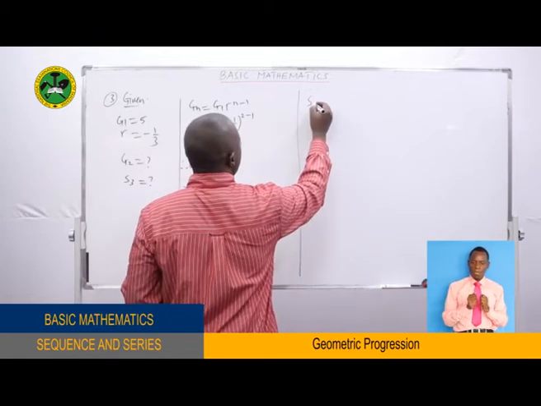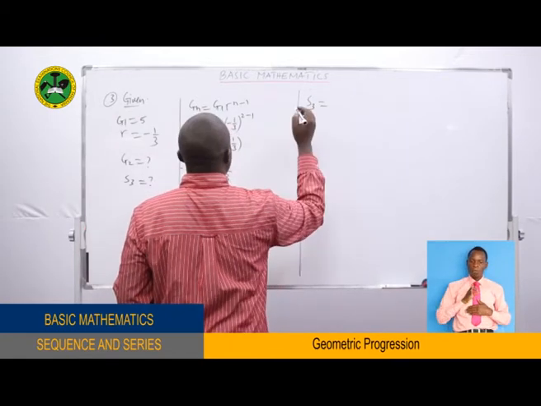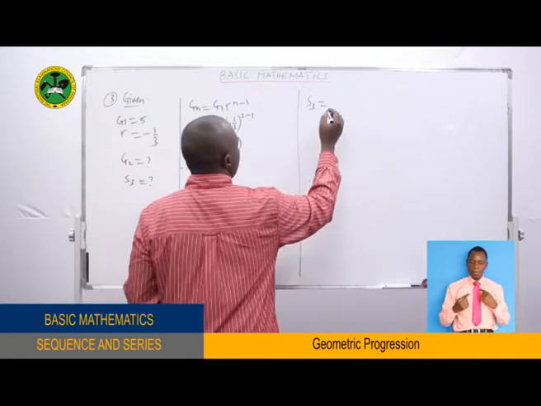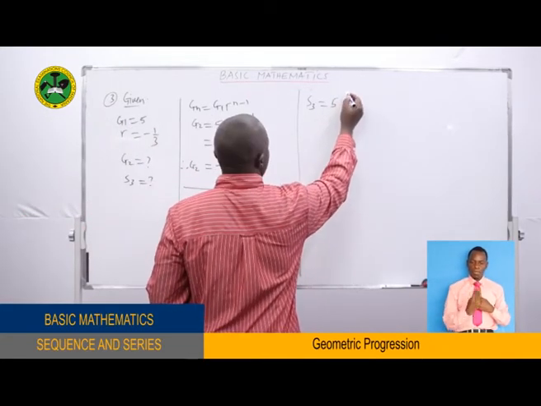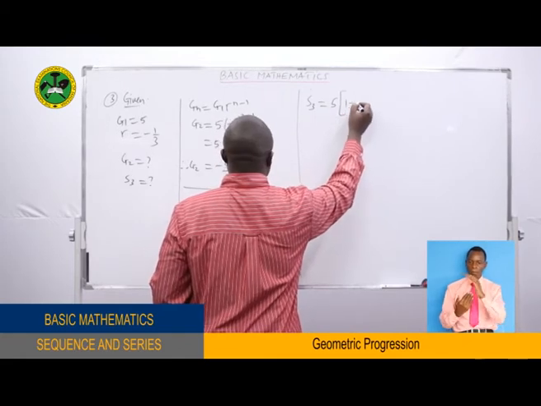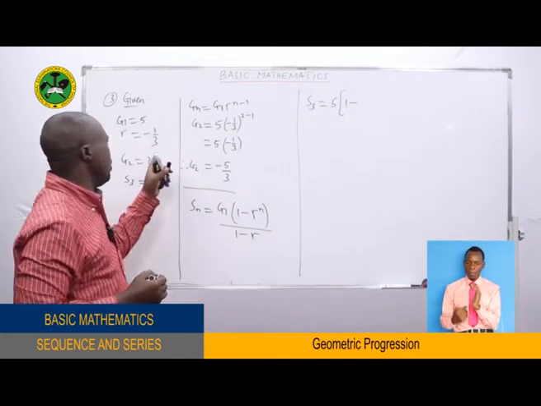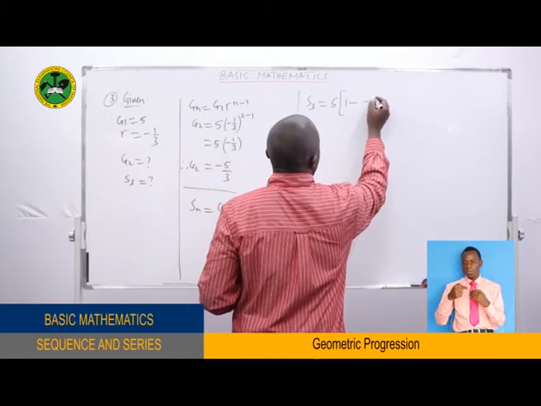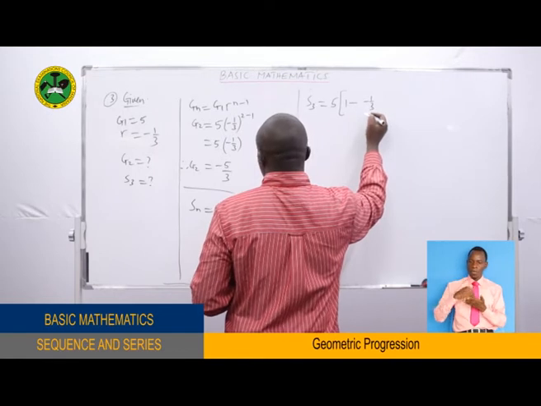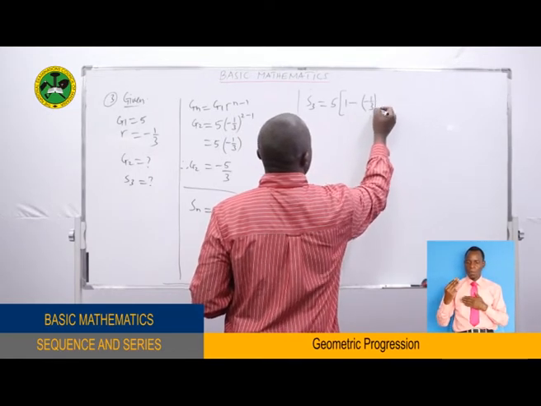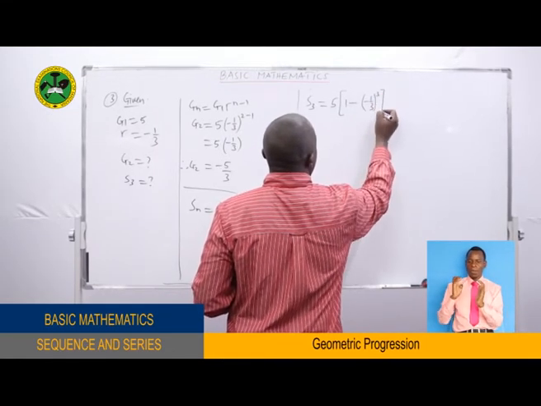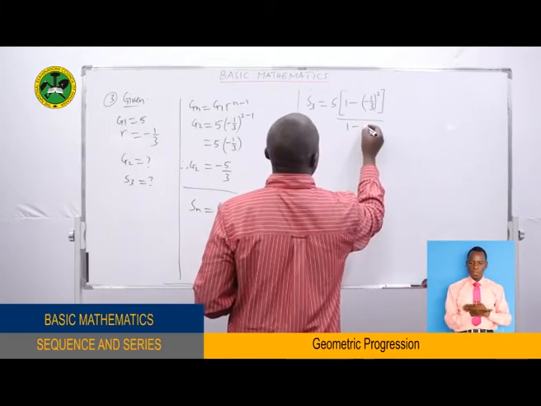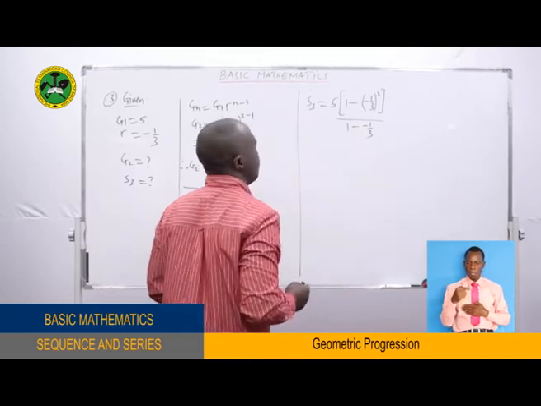So that is S of 3 is equal to, now G1, remember that is 5. So here we have 5, then bracket of 1 minus, now common ratio is negative 1 over 3. So we have negative 1 over 3, but this one is raised to 3. Then over 1 minus, common ratio is negative 1 over 3.